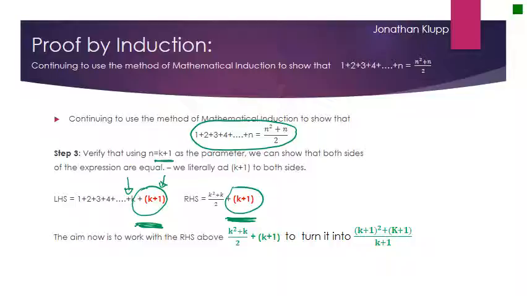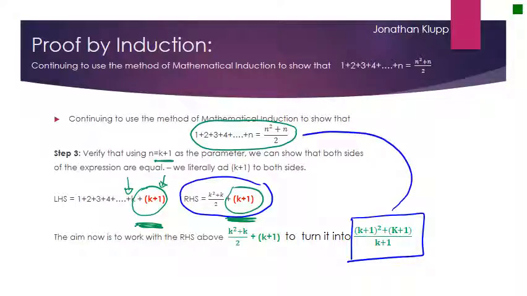Our aim now will be to work with this right hand side, to work with this large expression, to see if we can turn it into something that is of the general form we're looking for in our rule. If we have a look at the blue box, the pattern here is identical to our n squared plus n on 2. The difference being where there is an n, we have a k plus 1.